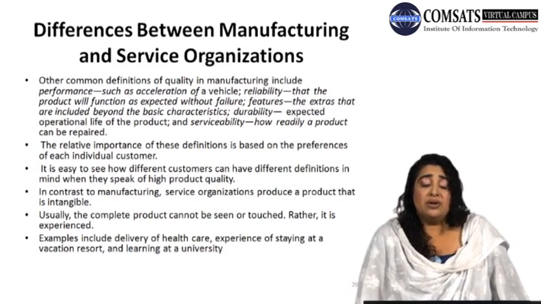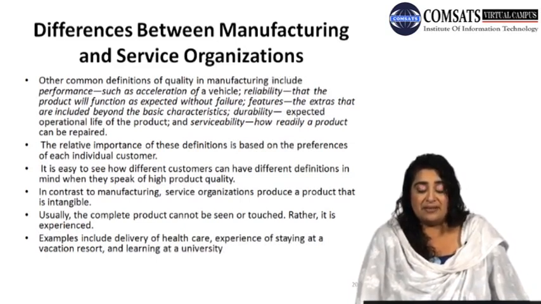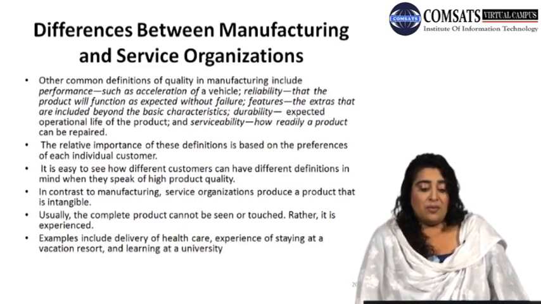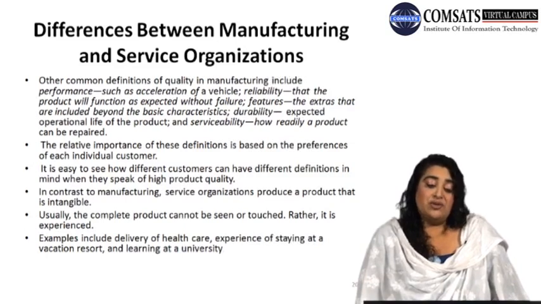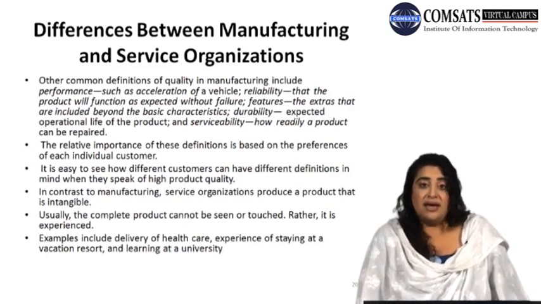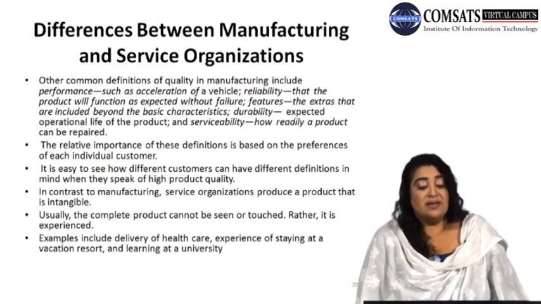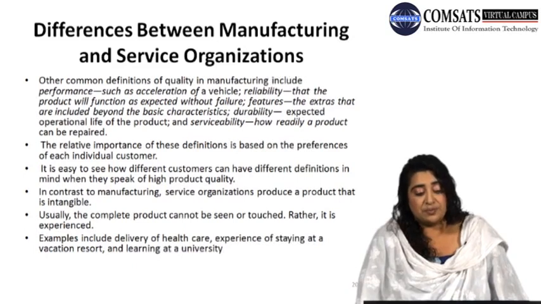So, you cannot see it. You cannot judge it by touching it as a written thing or a formal product or any part. But it would be judged by your experience. They would come and give you the service. And if that service is of quality and you are satisfied, then that means it's judged on your experience and that product would give customer satisfaction.